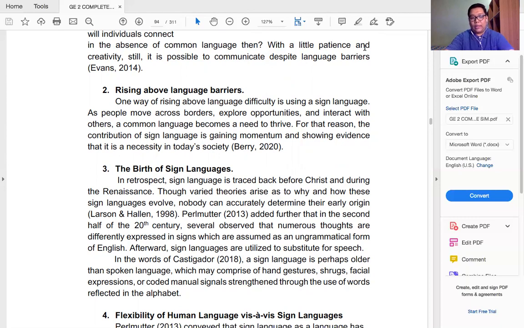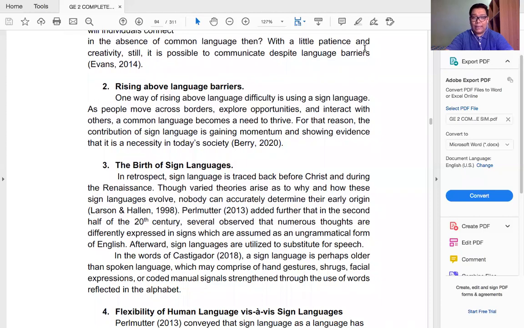Perlmutter in 2013 added that in the second half of the 20th century, several observers noted that numerous thoughts are expressed in signs, which were assumed to be an ungrammatical form of English. Afterward, sign languages were utilized to substitute for speech. If we notice, during historic times, sign languages were used to perhaps convey secret messages.